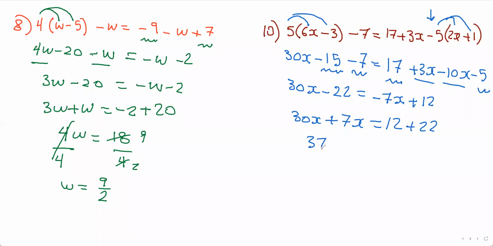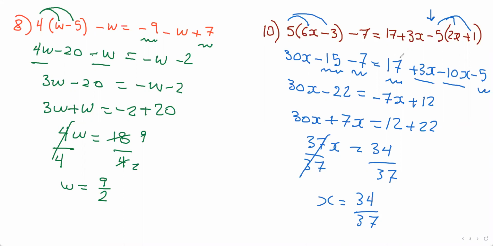That's 37x equals 34. Divide both sides by 37. Cancel, x equals 34 over 37.